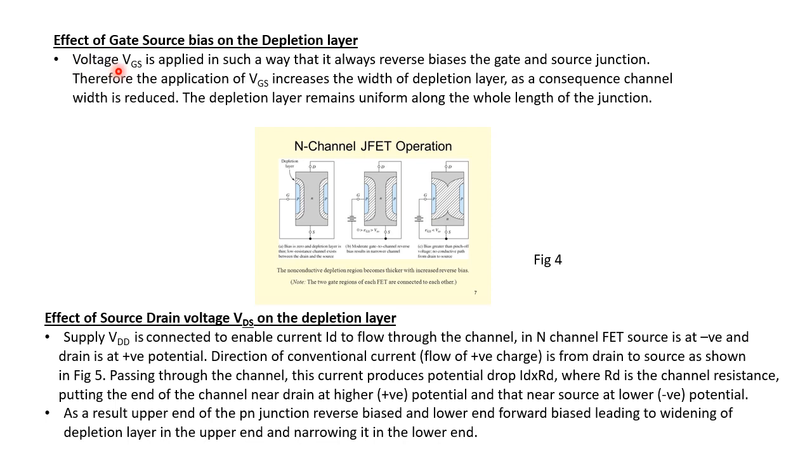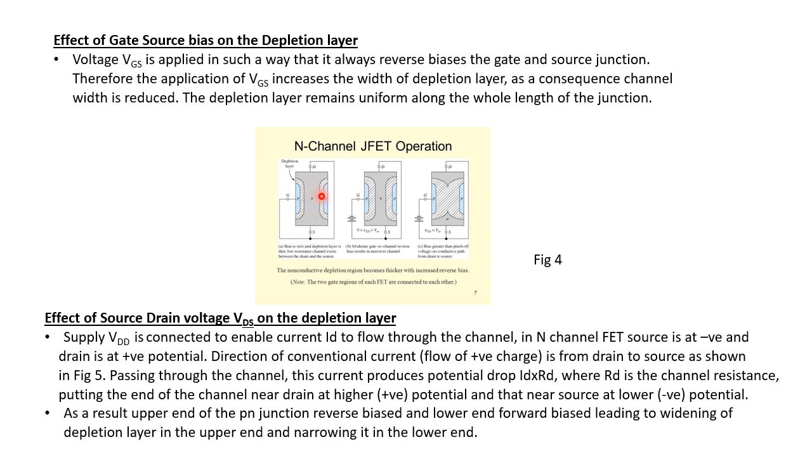One thing is very important with the biasing of the gate and source junction. This important point is to be noted forever when we are dealing with the FET, that the gate and source junction of a FET is always reverse biased, because the gate and source junction is the input junction, or these are the input terminals of the FET, which is going to control the output current.